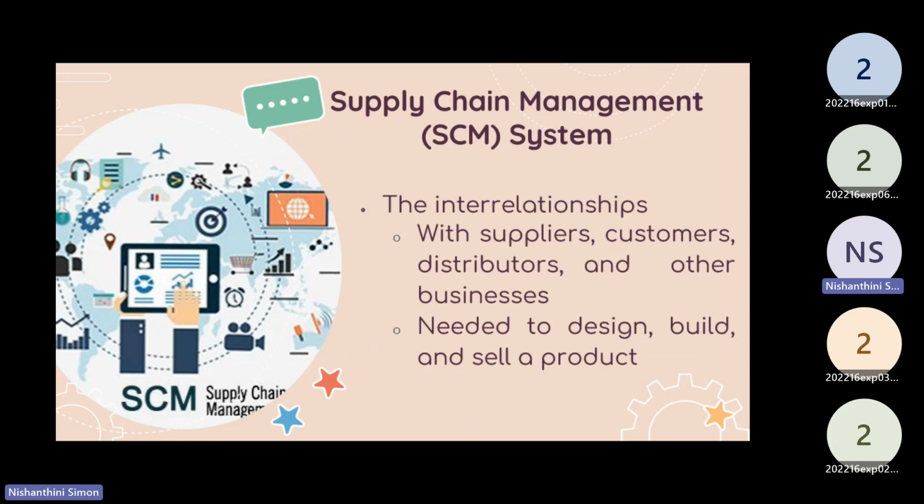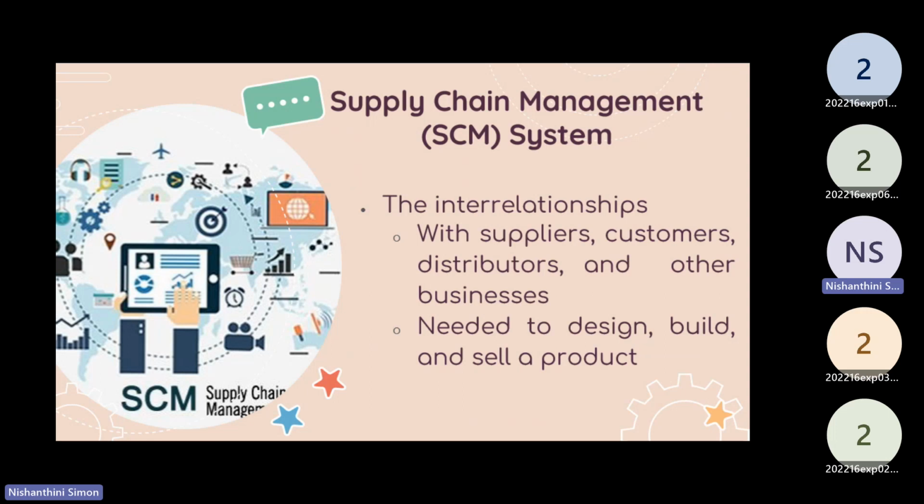All this entire process in order to supply a product, or even a service. It's not always only about products; even the services we are supplying, we are providing. Where we start and where we end, all this process, when we integrate those activities and the people who are connected in them, and use a system to do that, that's going to be the supply chain management system.